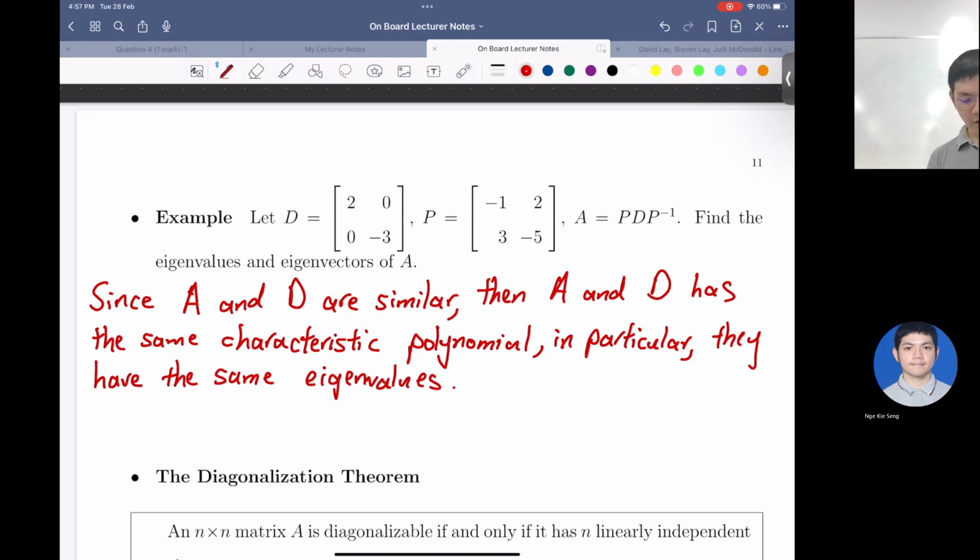So why is it good? A and D have the same eigenvalues, and D is diagonal, so D is triangular. So you can read the eigenvalues from the diagonal entries of D. In this case, what's the eigenvalue?